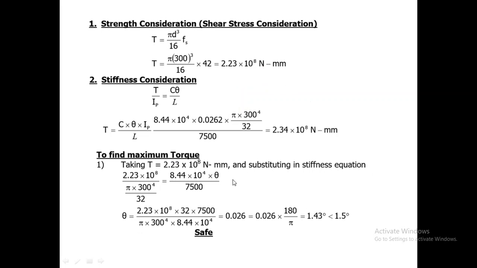So you will get 1.43 degrees, which is less than 1.5.